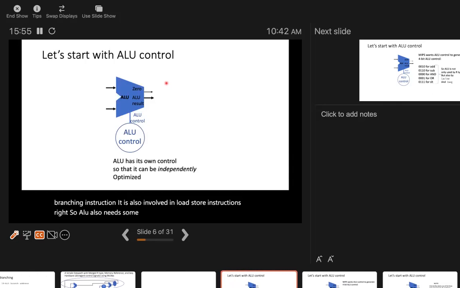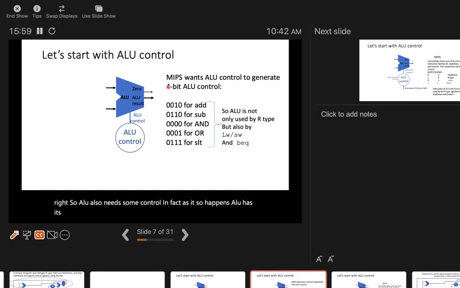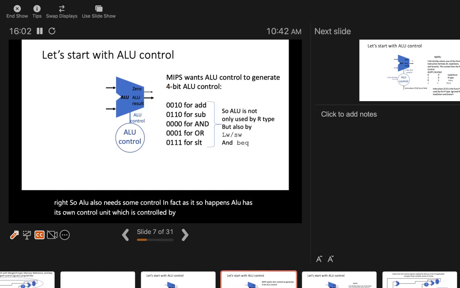In fact, the ALU has its own control unit, which is controlled by certain bits. This control unit is going to generate a 4-bit signal, which we will not be looking into too deeply. Instead, we'll be deciding on the control signals needed to control the ALU control. It's a little bit complicated, and there's a reason why this is a little bit convoluted.